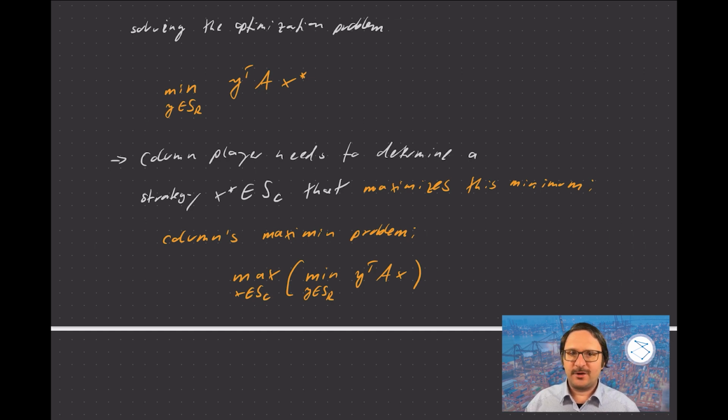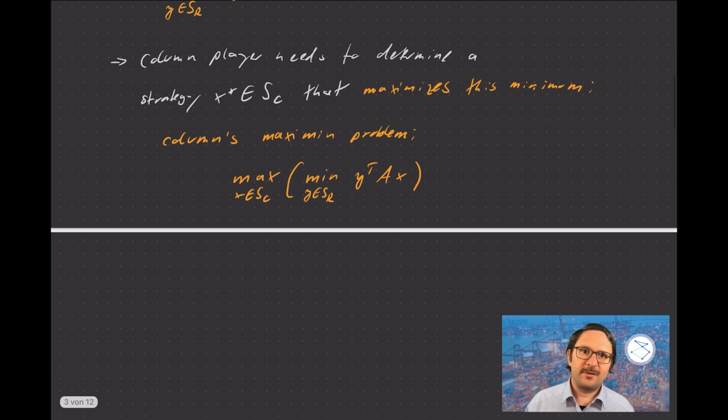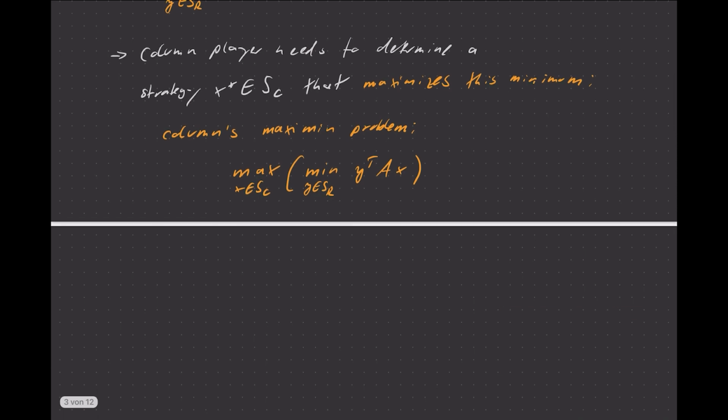And now the Column player wants to find a strategy x that maximizes that minimum. So that's the maxi-min problem that the Column player faces.